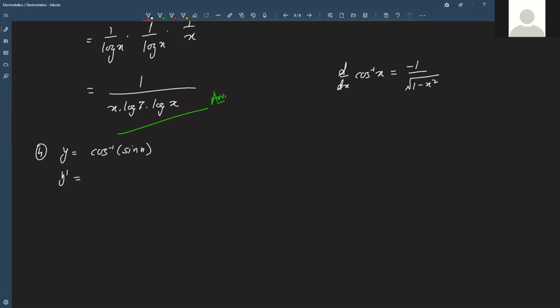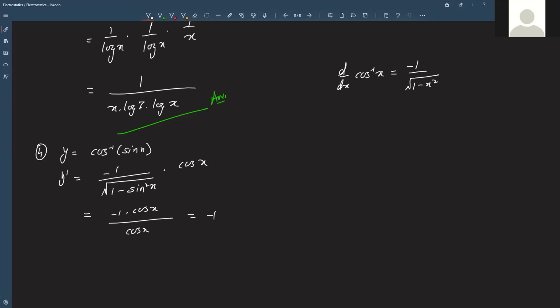Cos inverse of sin x is minus 1 divided by root of 1 minus sin square x, and then differentiation of sin x, that is nothing but cos x. Right? So this becomes minus 1 into cos x divided by cos x, and that is equals to minus 1.